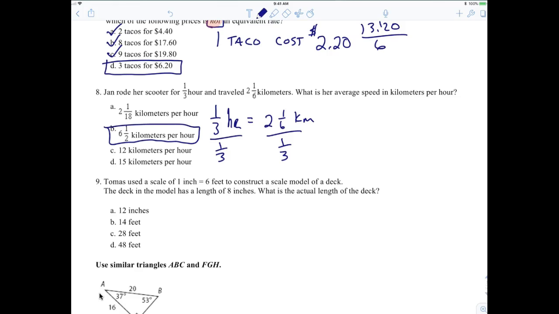Yep, 6.5. That's what we said. Six and a half.